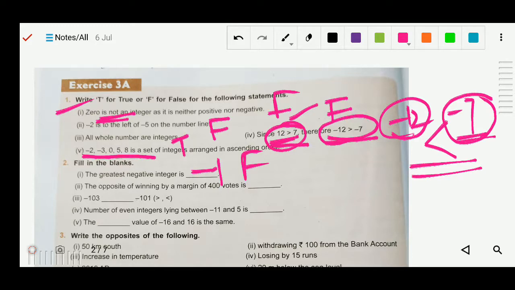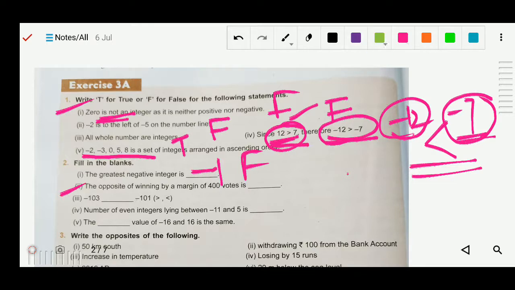But we know the positive smallest number, that is plus 1. Same in the case of negative: greatest we can know, that is minus 1, but smallest we can't find, that is undefined. Okay, next question.